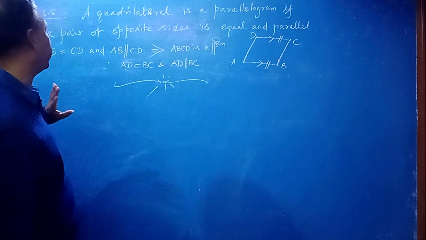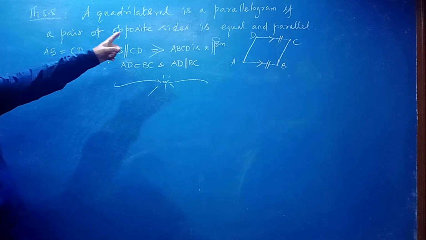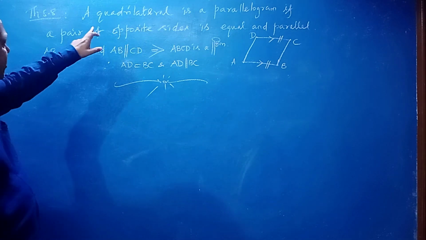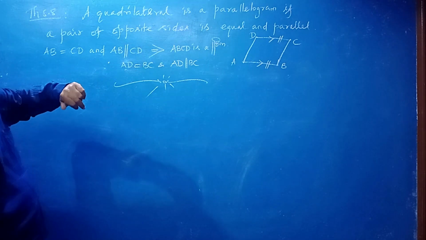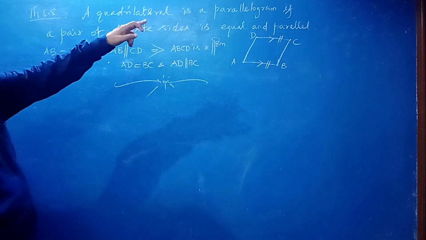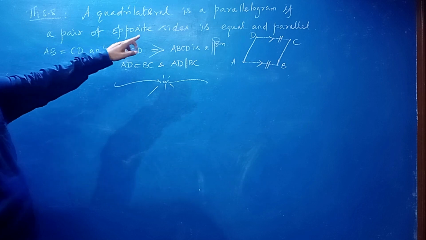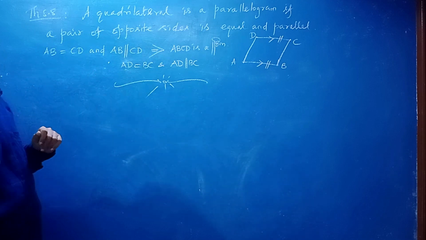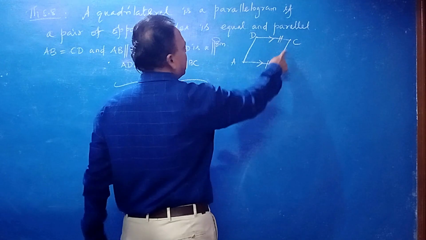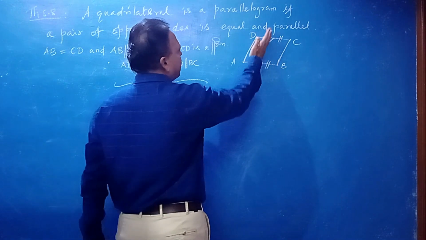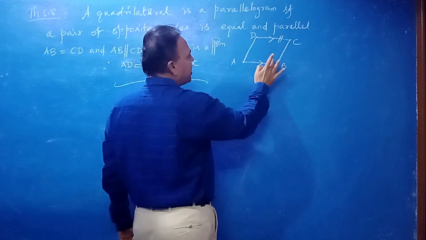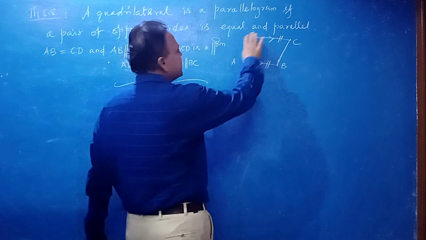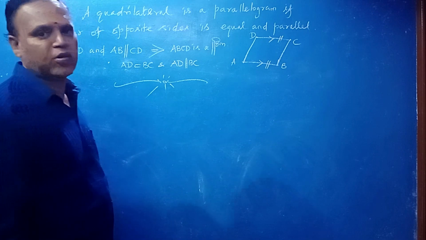Theorem 8.8. A quadrilateral is a parallelogram if a pair of opposite sides is equal and parallel. One pair of opposite sides equal and parallel means immediately you can say it is a parallelogram.